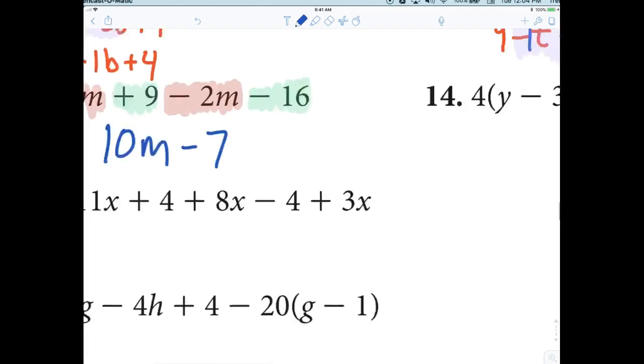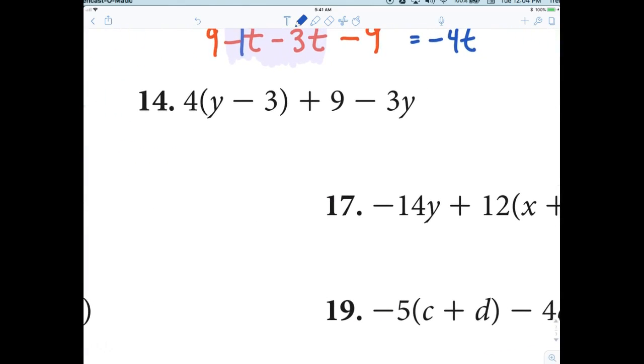Ellis, you're up. Do I have to distribute on this problem? So when I distribute, what do I get? Good job. And then you just write plus 9 minus 3y. And again, I'm trying to tell some of you guys, don't just copy what I'm doing down. Do the distributive property on your own, and then you know if you know how to do it or not.